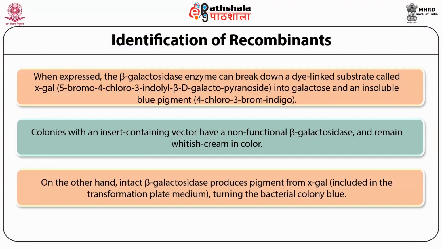When the beta-galactosidase gene is not interrupted by insertion of a gene of interest, which is called an exogenous gene, it remains a fully functional beta-galactosidase, able to cleave X-gal into two products. One of the products is the blue pigment.